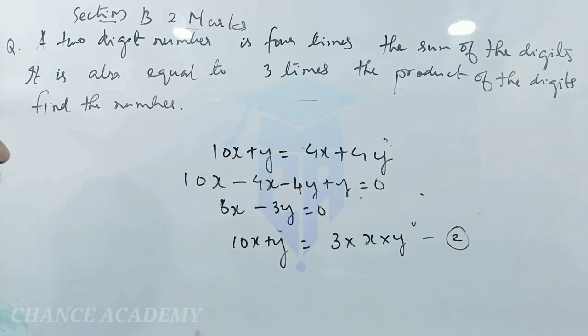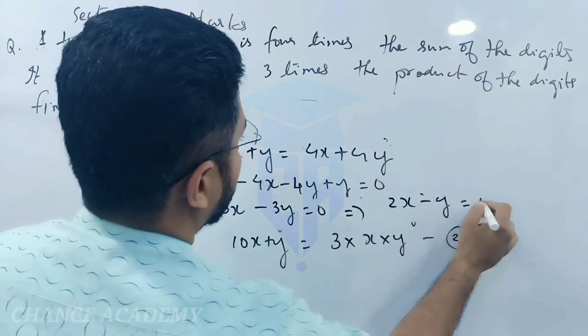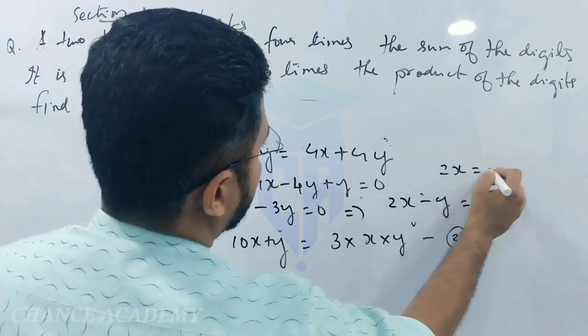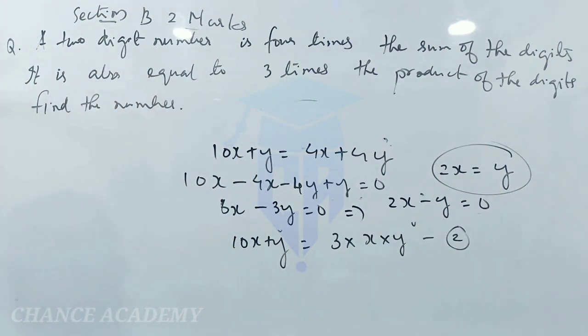So that means you'll get 2x minus y is equal to 0, or you can write 2x equal to y. So 2x equal to y is the relationship you get from the first equation.